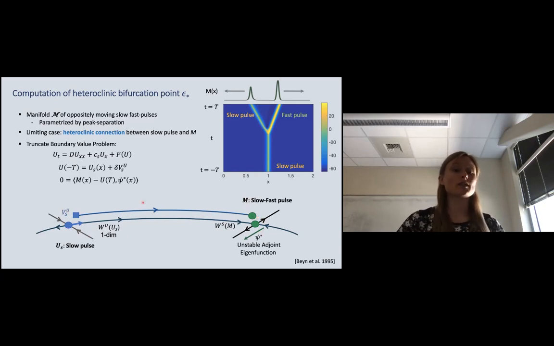And so we do that by setting up this boundary value problem, which we put in the moving frame of the slow pulse and incorporating these boundary conditions directly into this pattern. So to be able to compute this heteroclinic bifurcation point, what we're doing is directly computing this Y-shaped pattern.